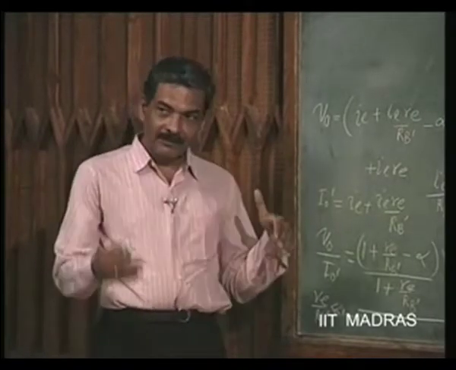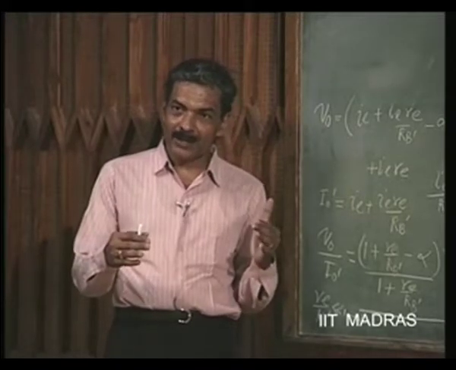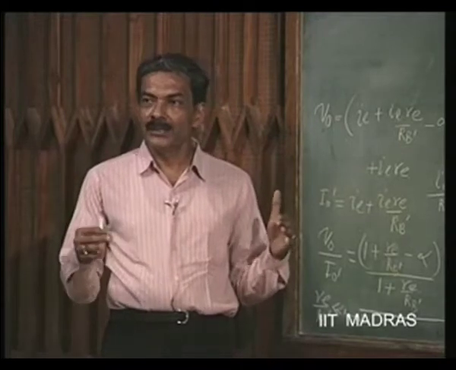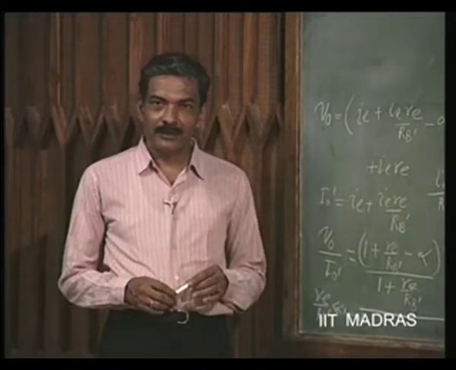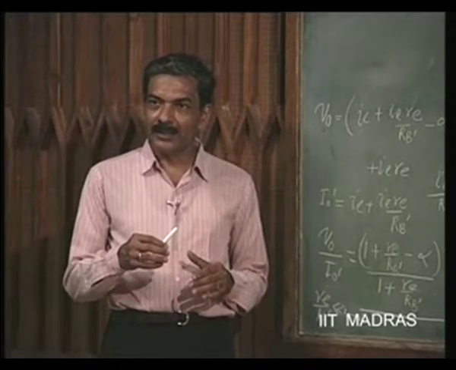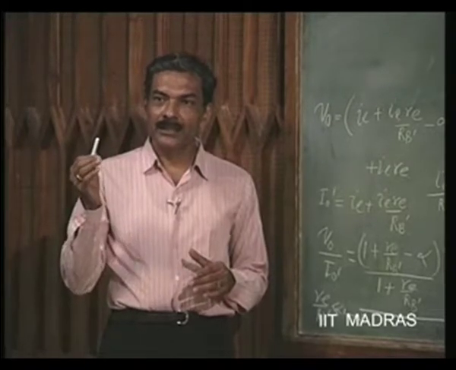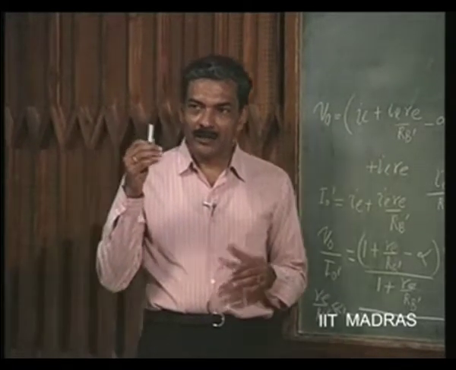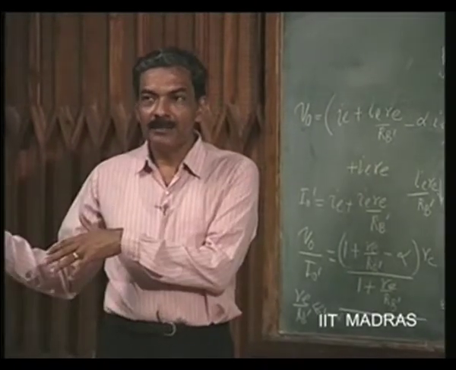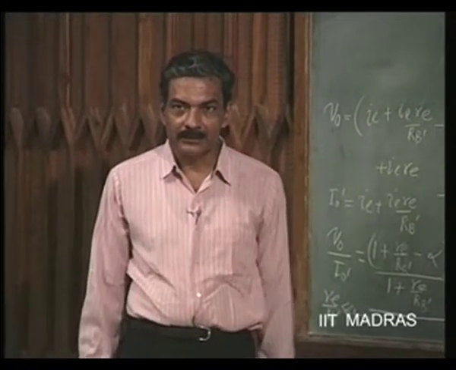So whether it is common base or common emitter depends upon the relative magnitude of the resistance in series with the emitter and the resistance in series with the base. If the resistance in series with the base is dominant, then it is common emitter. If it is the emitter resistance that is dominant, it is common base.